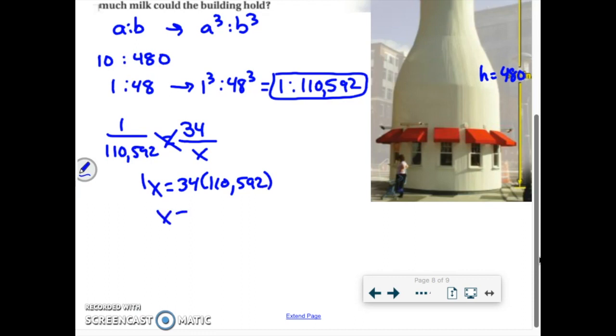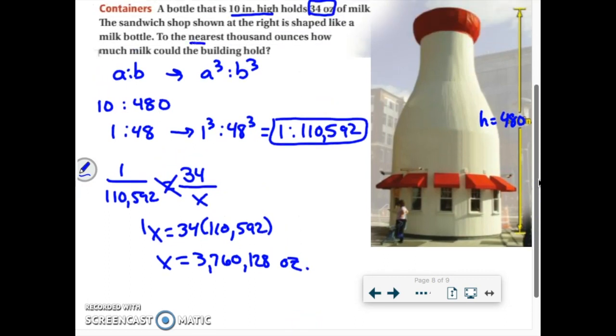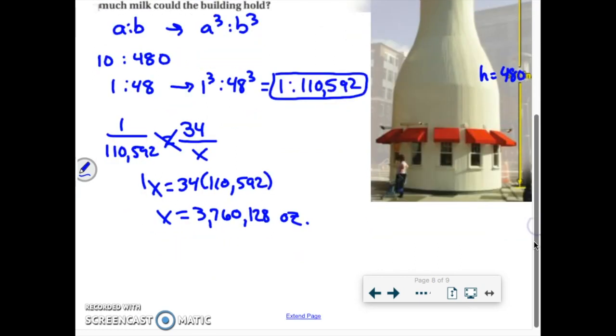In other words, x is equal to 3,760,128 ounces. They want us to round to the nearest 1,000 ounces, so I would round it down to 3,760,000 ounces approximately.